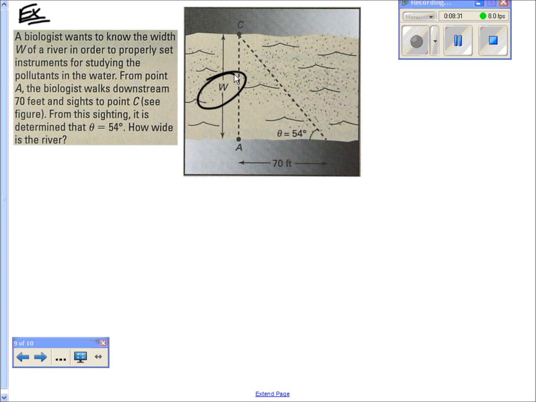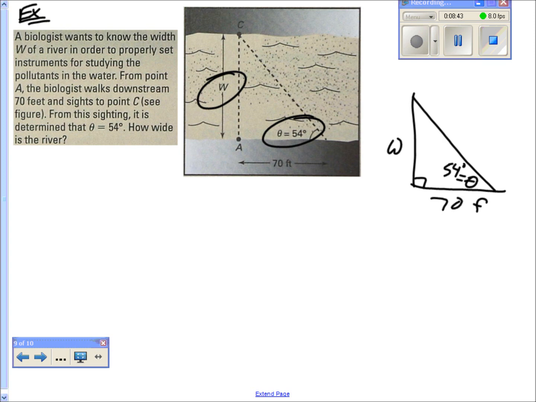So we have our theta being 54 degrees. I don't know why, if it's my projector or what, but I can't see that very well. We need our W, and we have this side to be 70 feet. Notice we got this right triangle. We want W, which with relation to this theta is the side opposite, and the side we have is the side that is adjacent.